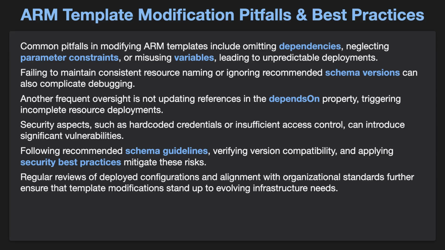Security aspects, such as hard-coded credentials or insufficient access control, can introduce significant vulnerabilities. Following recommended schema guidelines, verifying version compatibility, and applying security best practices mitigate these risks. Regular reviews of deployed configurations and alignment with organizational standards further ensure that template modifications stand up to evolving infrastructure needs.